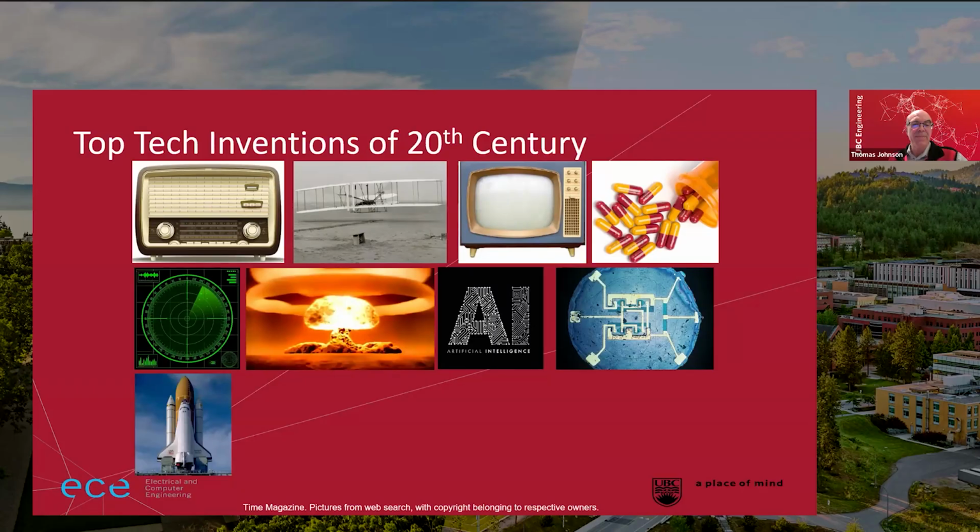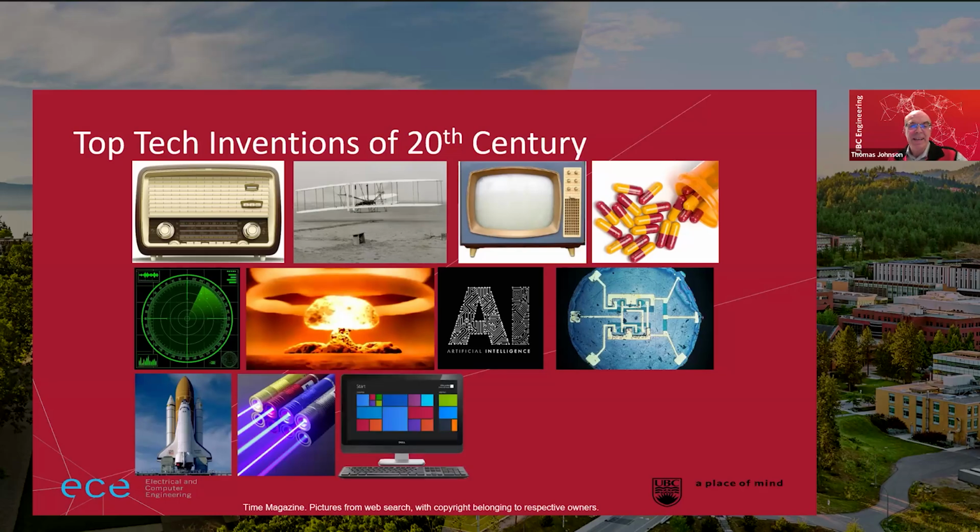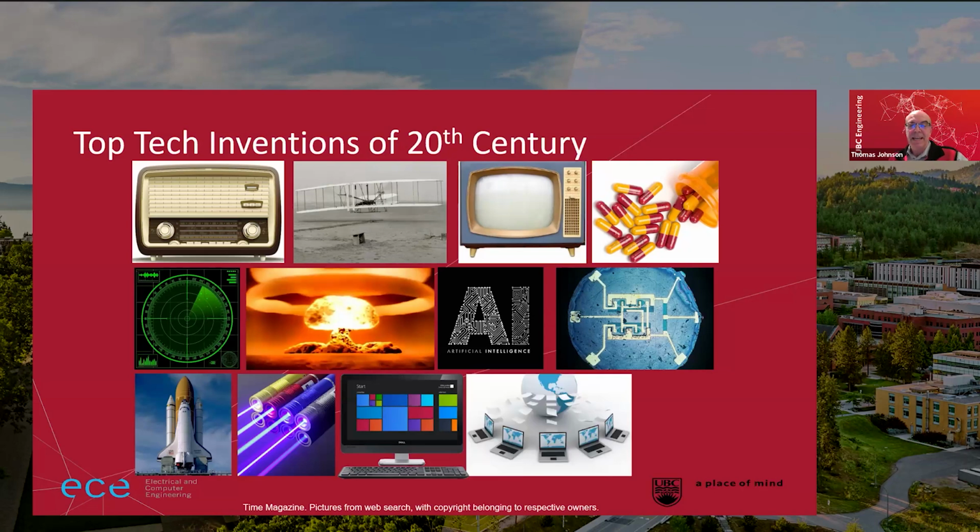We have space exploration and rockets, lasers and optics. Then we got the advent of the personal computer. And then we have the internet. And of course, getting right up to our modern day smartphones and the mobile devices that we almost all have.